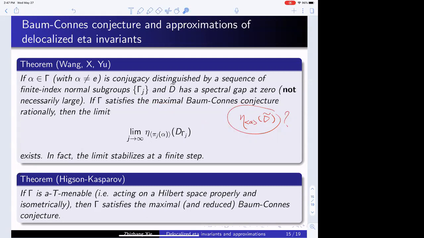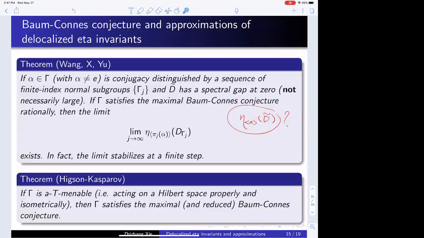Okay. All right. So before I move on, let me point out there is a quite large class of groups that satisfy the maximal Baum-Connes conjecture. This is due to the work of Higson and Kasparov. They show that if gamma is an a-T-menable group, that means the group acts on a Hilbert space properly and isometrically, then gamma satisfies the maximal Baum-Connes.